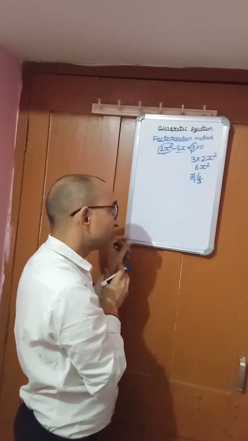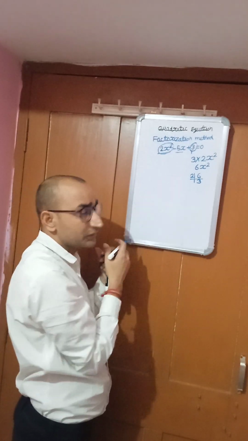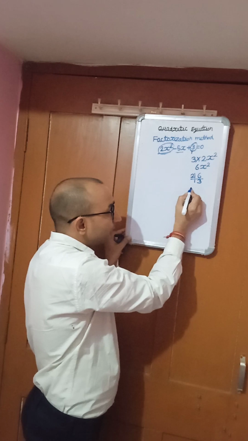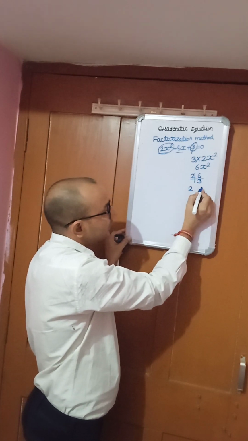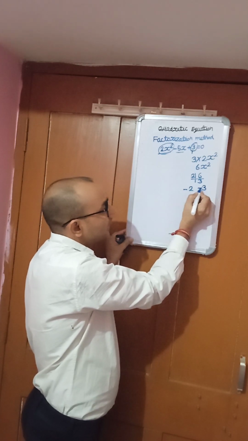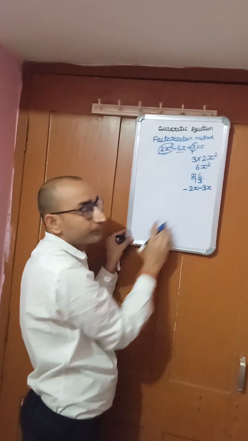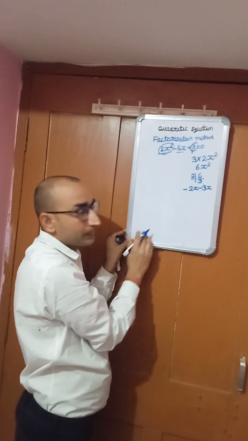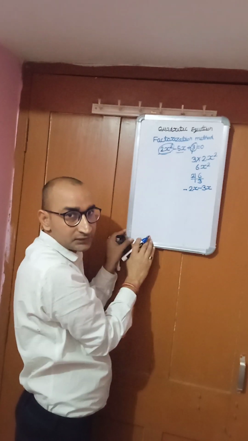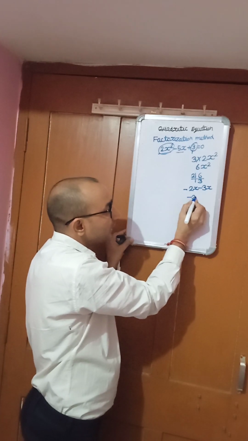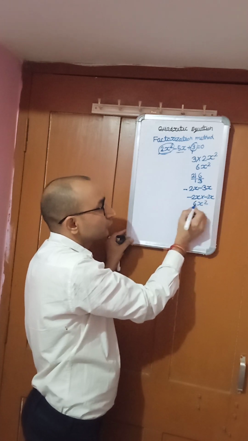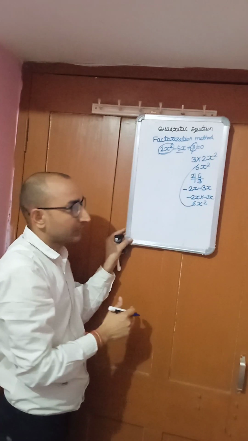So we write minus 2x minus 3x. Minus 2x minus 3x becomes minus 5x, and when we multiply minus 2x into minus 3x, it gives 6x square. So both conditions are satisfied here.